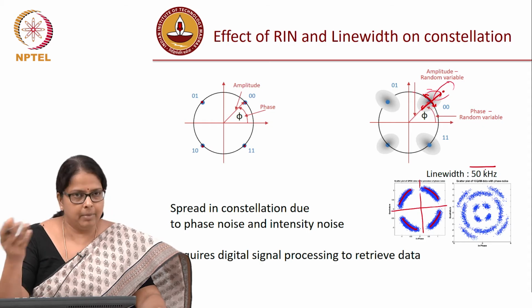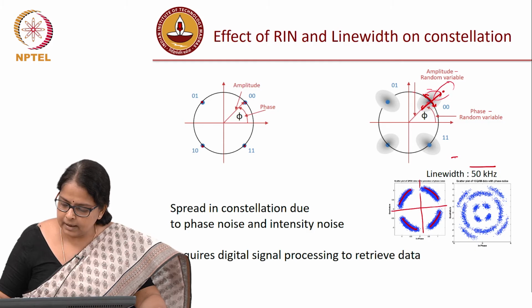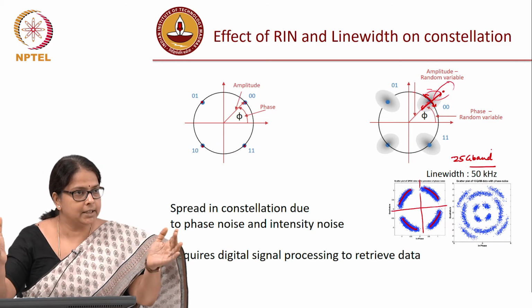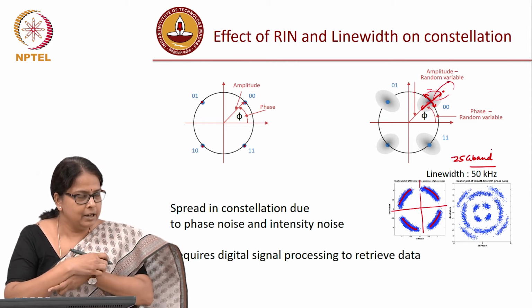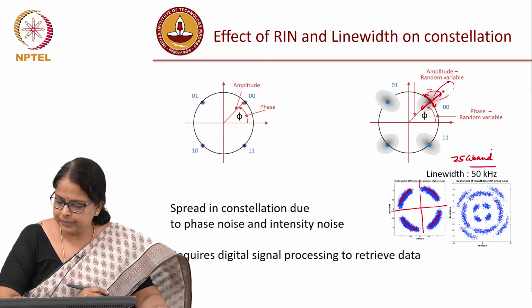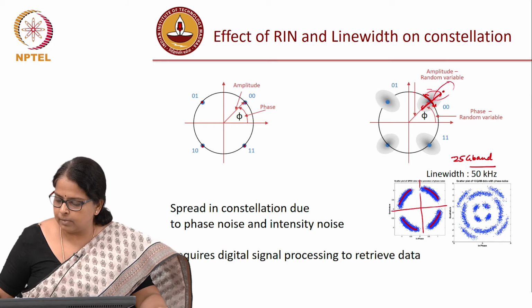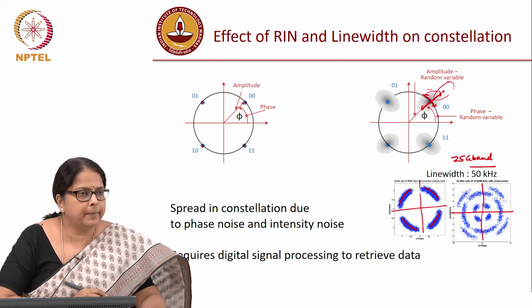If you go anywhere above 50 kilohertz, remember this number is very dependent on your baud rate. These simulations are for 25 gigabaud, because as we said, as your baud rate increases, symbol duration decreases, and when the symbol duration decreases, the variance actually decreases. So, for a given number of symbols, this is calculated and it is dependent on baud rate. And this is what will happen for a 16 QAM constellation, where we had 4 constellation points within the symbol; the constellation got spread this way.